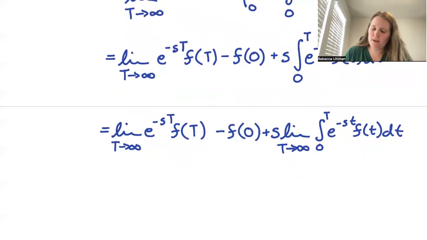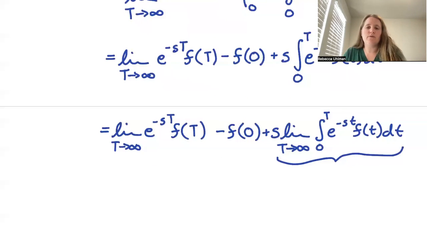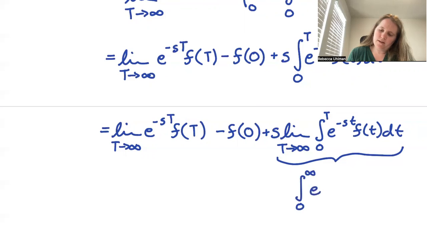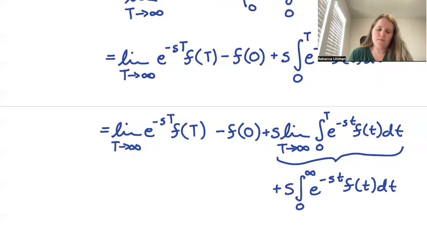This second limit is just the improper integral from 0 to infinity of e to the negative st f of t dt, with a multiplying s out front.